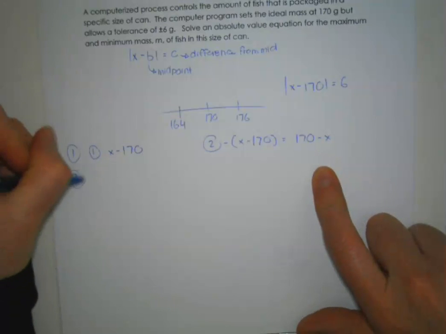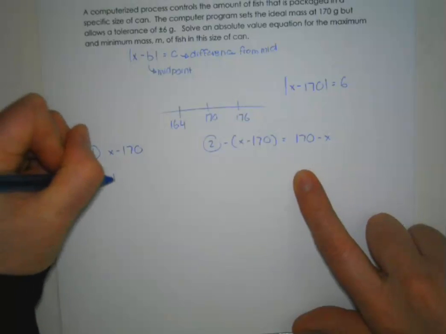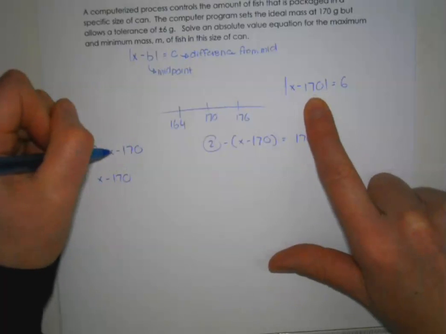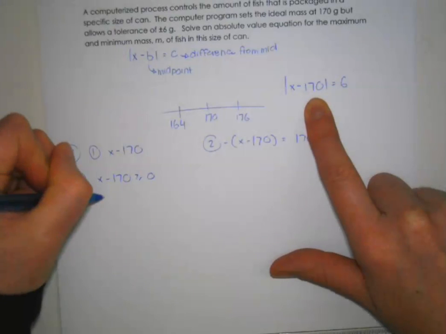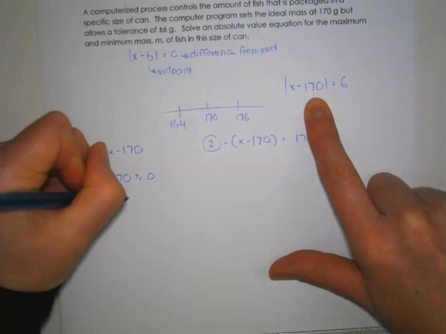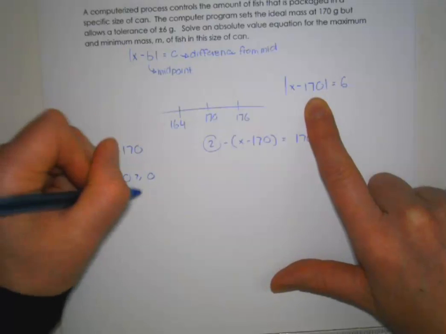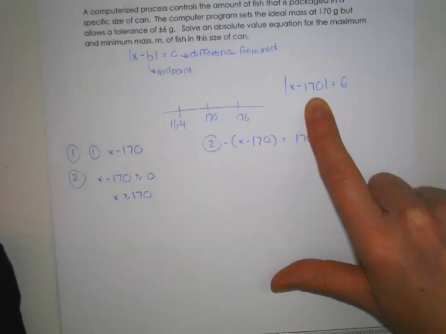Then we want to determine our acceptable values. In this case, x minus 170 is our original, right? That's inside of our absolute value, so that means it needs to be greater than or equal to 0. If we rearrange this algebraically, adding 170 to both sides, x has to be greater than or equal to 170.